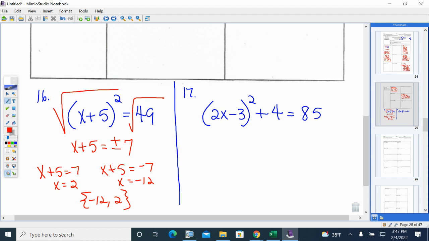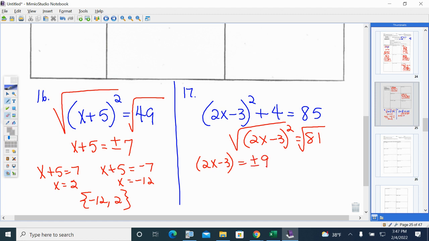Number 17 is very similar, but the first thing that we need to do is subtract the 4. So that's going to give me 2x minus 3 squared is equal to 85 minus 4, which is 81. And then again, we're going to square root both sides, and we get 2x minus 3 is equal to a positive and a negative 9.